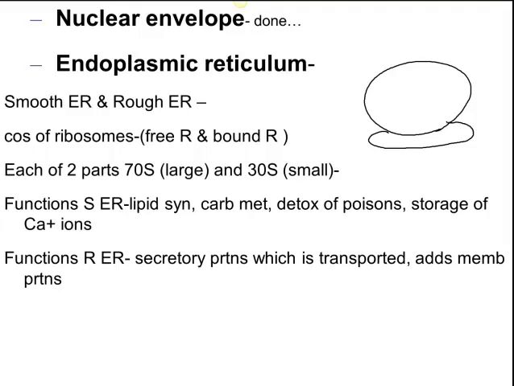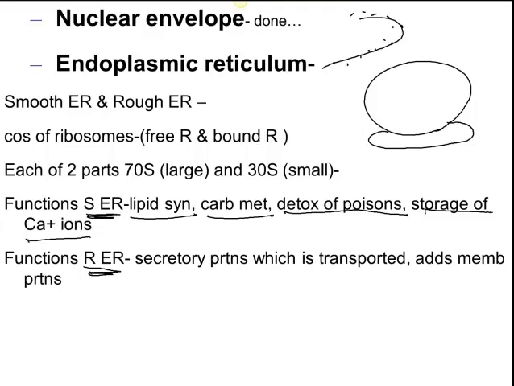This is what gives the dotted, grainy appearance that you would see. The function of smooth endoplasmic reticulum is lipid synthesis, carbohydrate metabolism, detoxification of poisons, and storage of calcium ions. The function of rough endoplasmic reticulum is to synthesize secretory proteins which are transported, and to add membrane proteins.